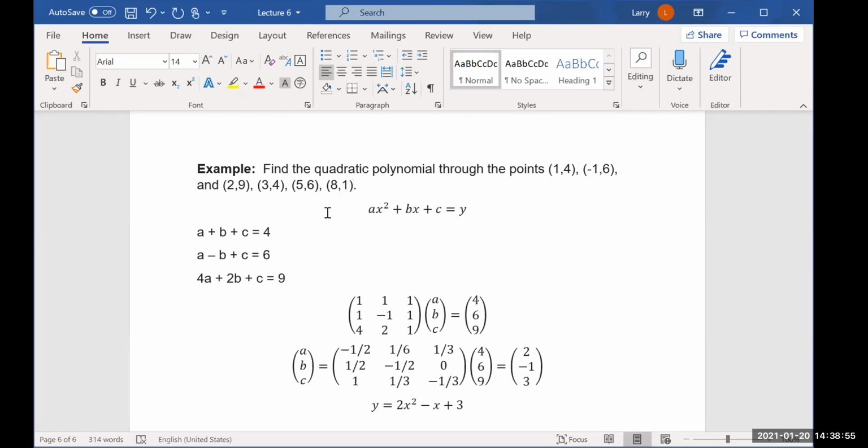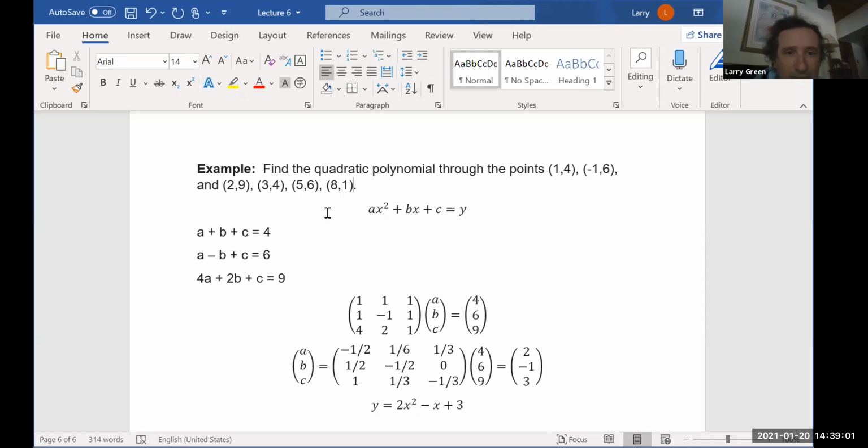We add more rows. You're going to end up with a matrix that is 6 rows and 3 columns. Now, can that be invertible? No. Never. And if the points are somewhat random, it's always no solution.